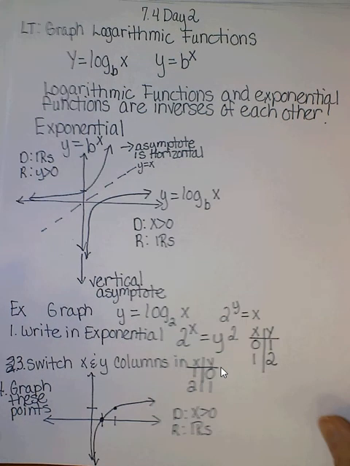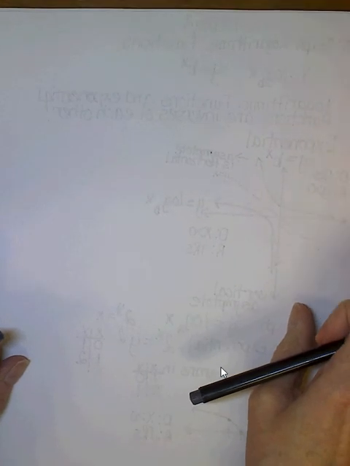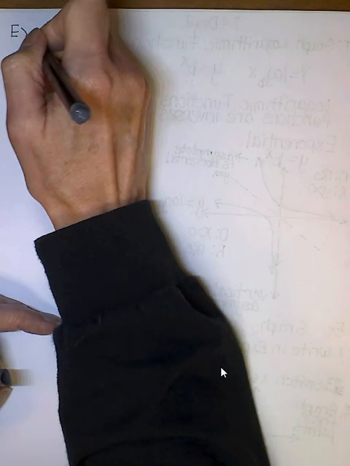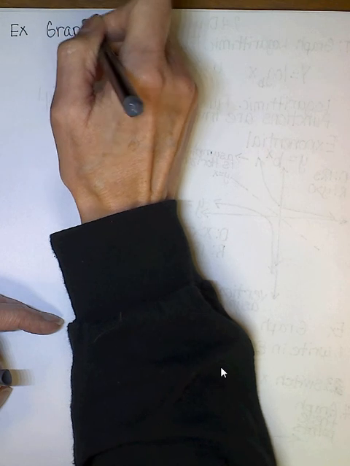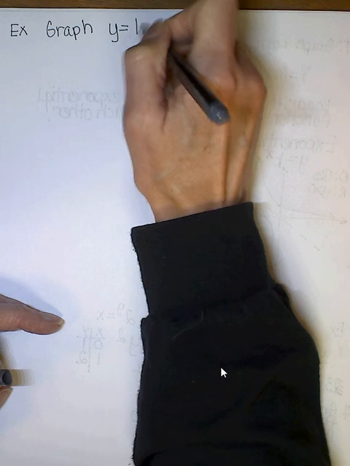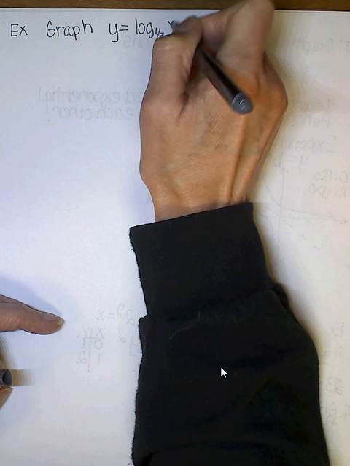Alright, we're going to try a couple more graphs here to try to get the hang of it some more. So now we're going to graph y equals the log base 1/3 of x.